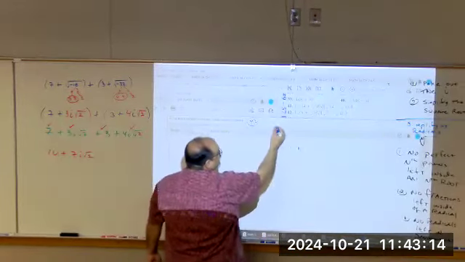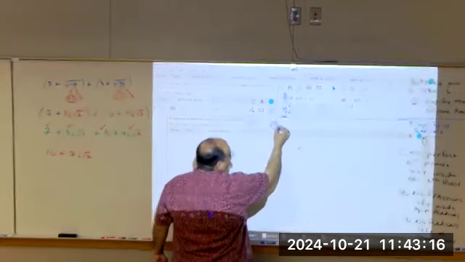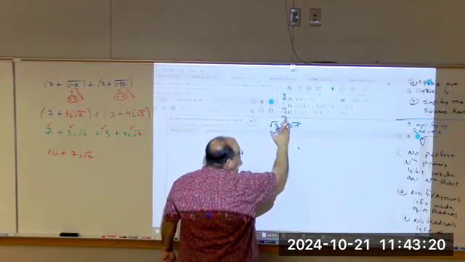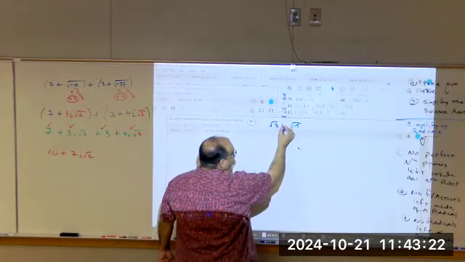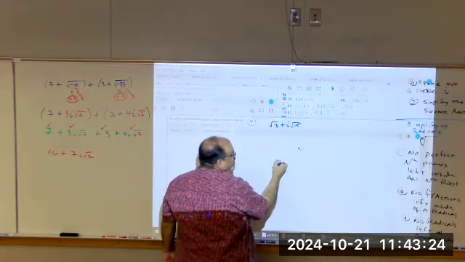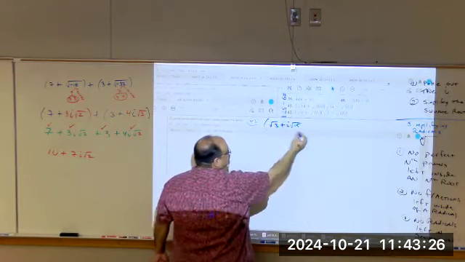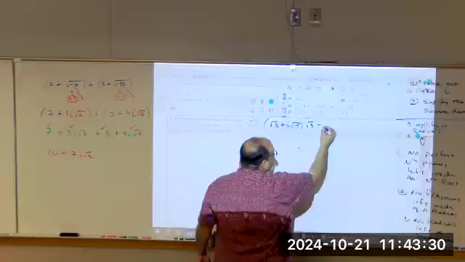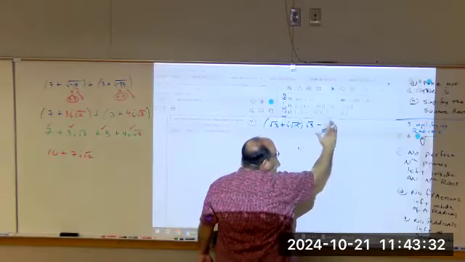42 is the square root of 3 plus the square root of 15, and I'm going to write it as plus i square root of 15, times the square root of 3 minus the i square root of 15.